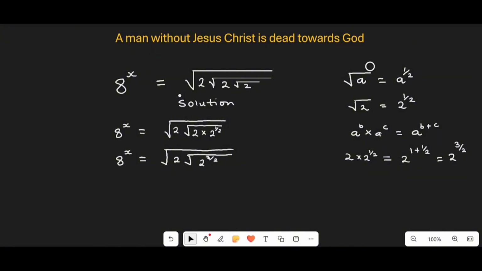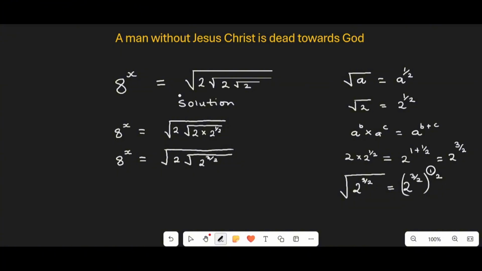Now let us apply this principle to this square root. That means square root of 2 raised to power 3 over 2 is equal to 2 raised to power 3 over 2, all raised to power 1 over 2.